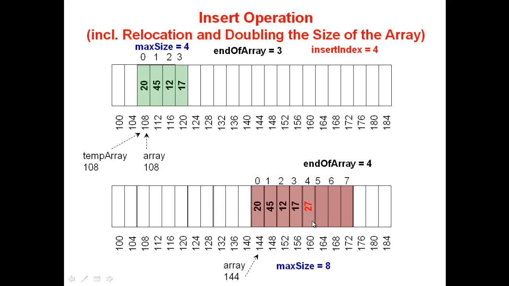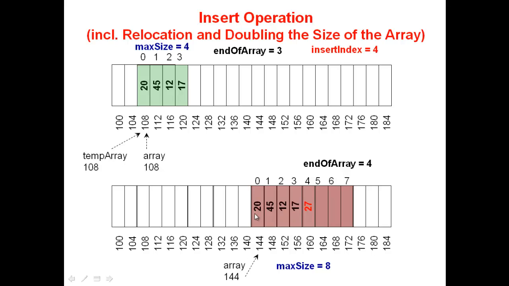So this is still empty, so what we need to do is copy. Using this temp array, we can access temp array of 0 means 20, temp array of 1 means 45, temp array of 2 means 12, and so on. So using temp array, we can access these values and copy those values to this block of memory.